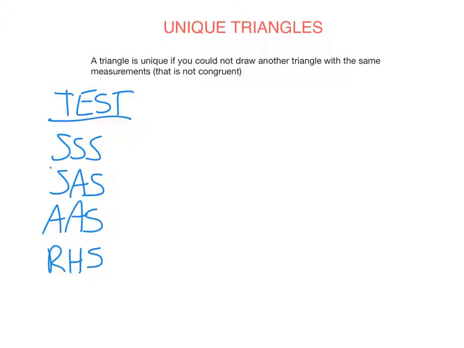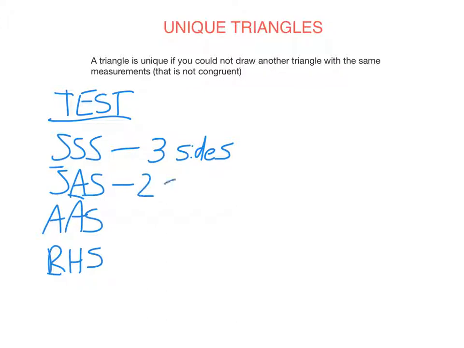Here, S doesn't mean that there's a pair of equal sides as it did in congruent triangles. S just means a side length, A just means the size of an angle, and R means a right angle. So this first one, SSS, means that you're told the lengths of all three sides.